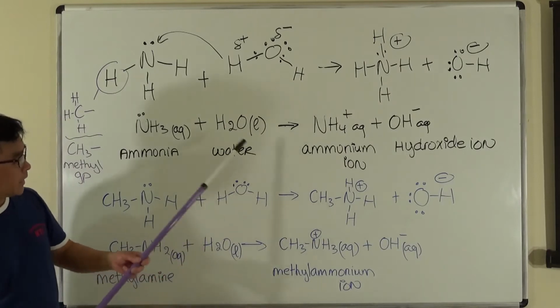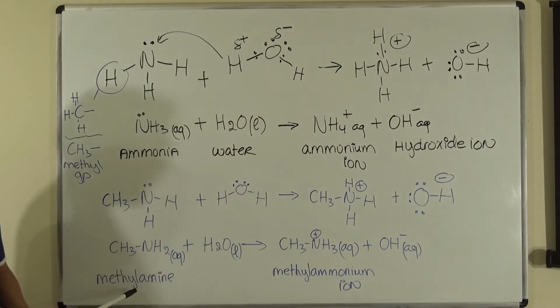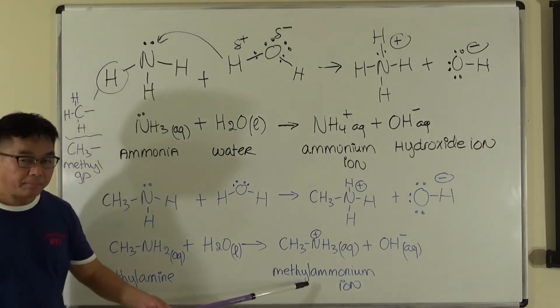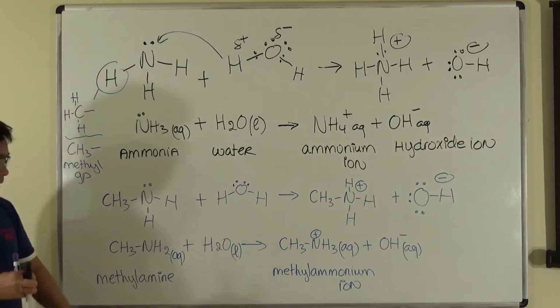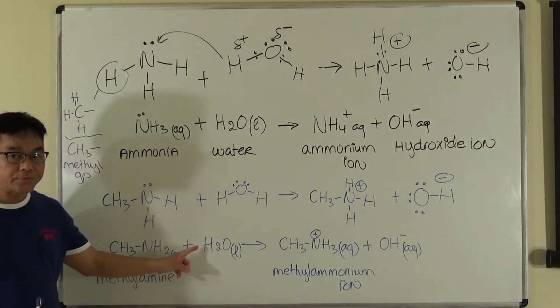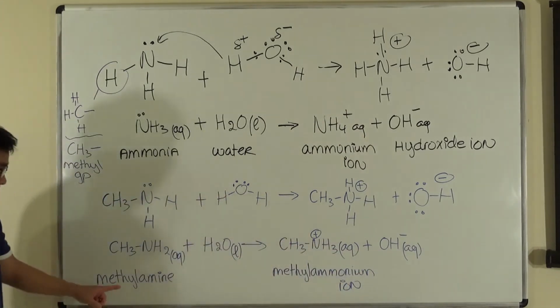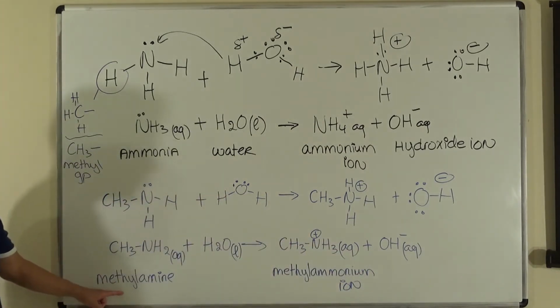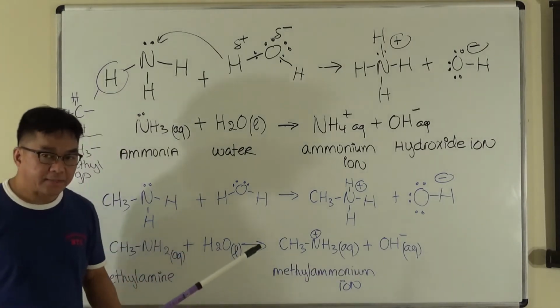You notice here that ammonia forms ammonium ions, methylamine forms methylammonium ions. And again, because the water loses the proton, it becomes hydroxide. So methylamine in solution acts as a base. It will cause the solution to become basic because it produces hydroxide ions.